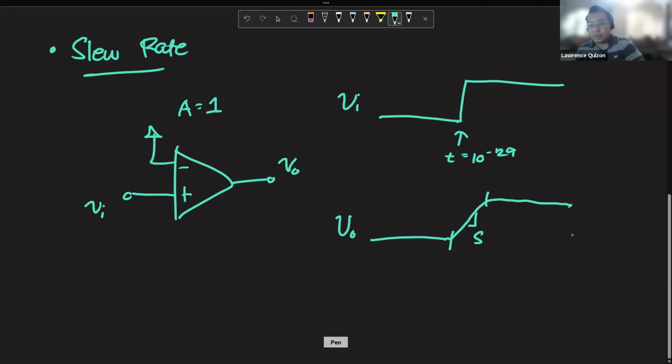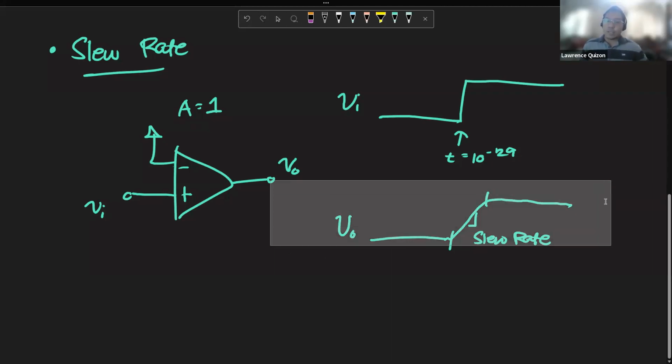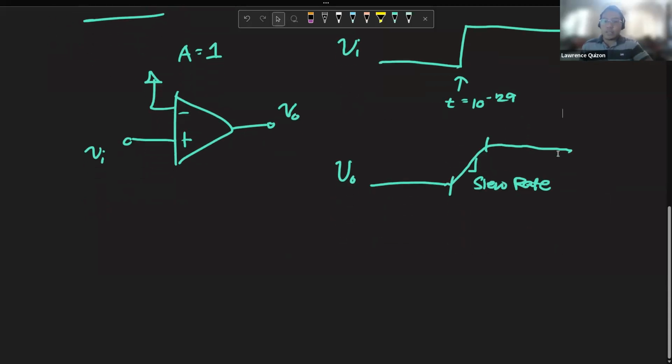slew rate. So the maximum amount of the slope, no, versus time. So derivative versus time essentially is your slew rate. The derivative of the output versus time given an ideal input, no. And this one is interesting kasi what does it look like?